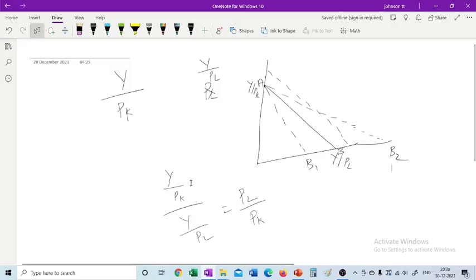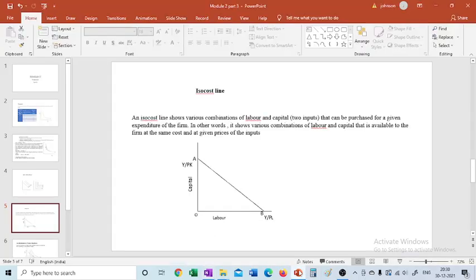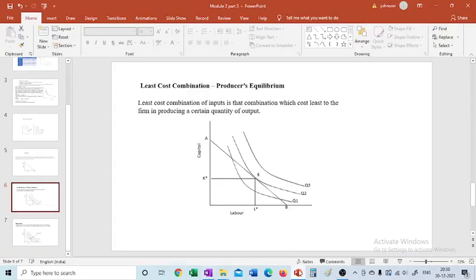Then the next topic is least cost combination. So what is least cost combination? It is also called a producer's equilibrium.